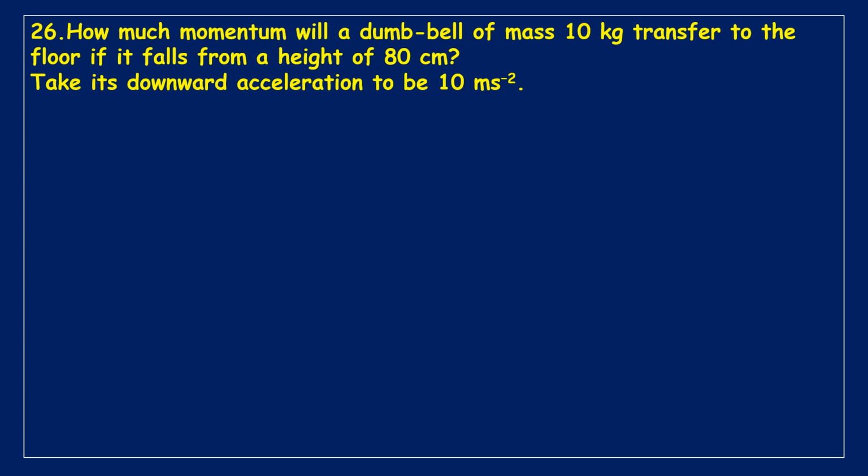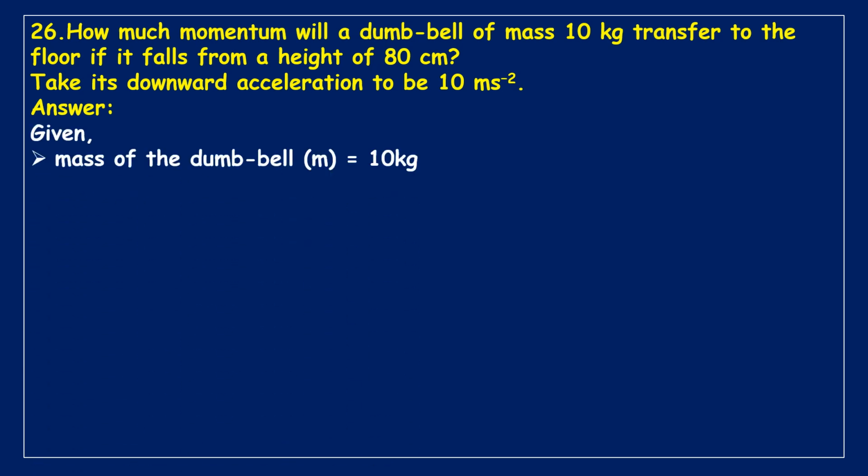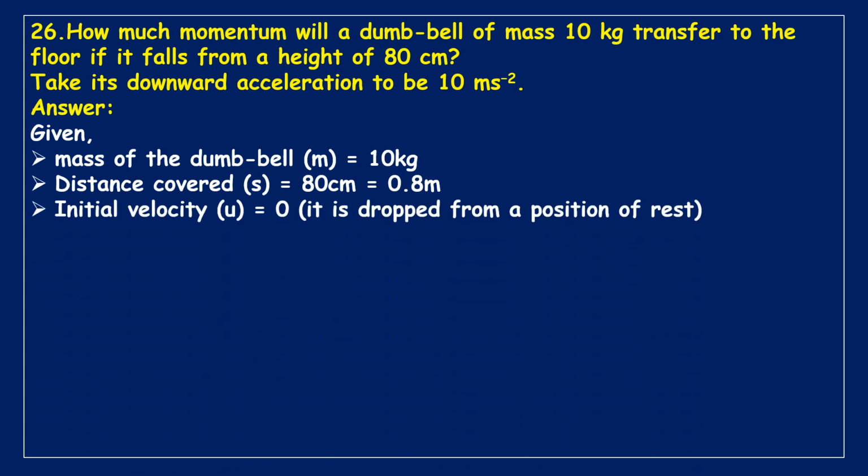Right? Now, answer. Given data, mass of the dumbbell is given as 10 kg. Distance covered is 80 centimeter that we have to convert into meters. That is 0.8 meters. Initial velocity is 0, since it is dropped from a position of rest. Acceleration a is given as 10 meter per second square.